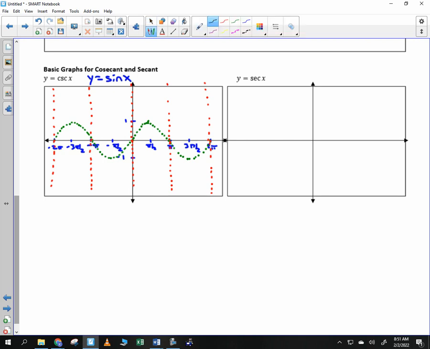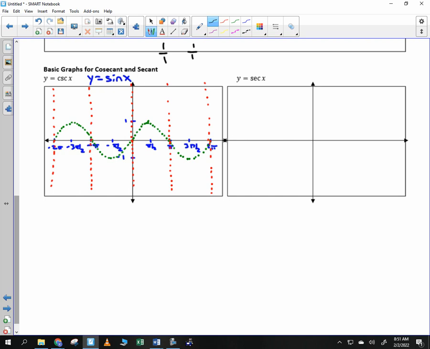I still haven't drawn the graph of cosecant, but I'm ready to. What is the height of the graph here? 1. What's the reciprocal of 1? Everybody agree that that's 1? If we flip that upside down, you get that.